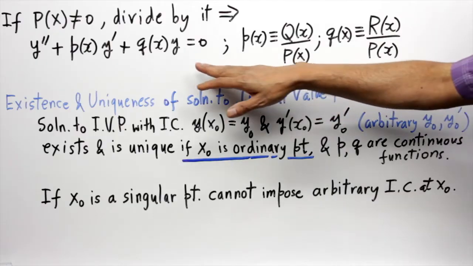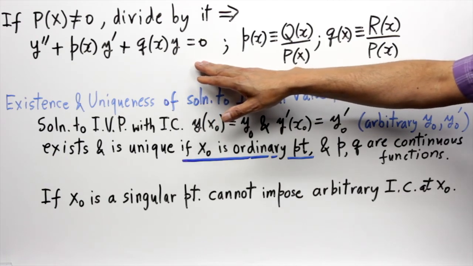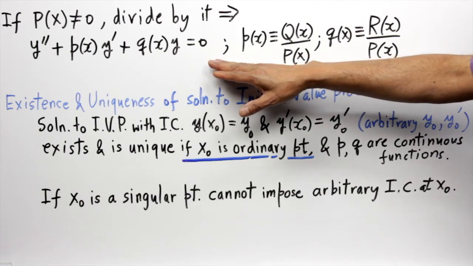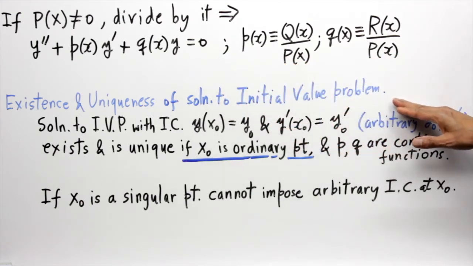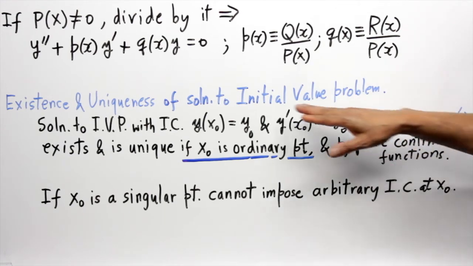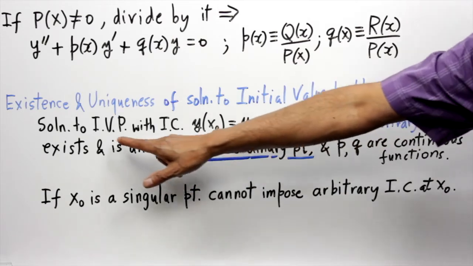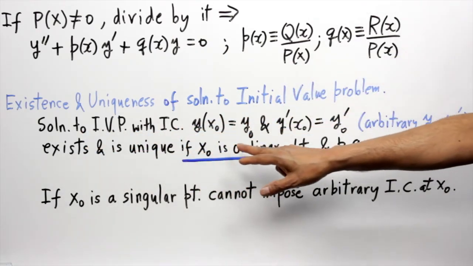And so it's in this form that we had previously used the equation and had discussed the existence and uniqueness result, and we wanted to define the equation more generally. But to remind you, the existence and uniqueness result for the initial value problem for an equation written in this form is that this initial value problem has a unique solution.